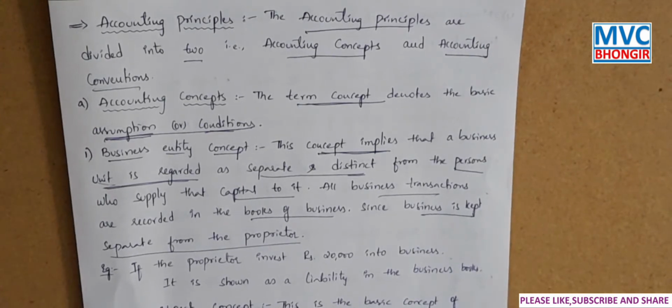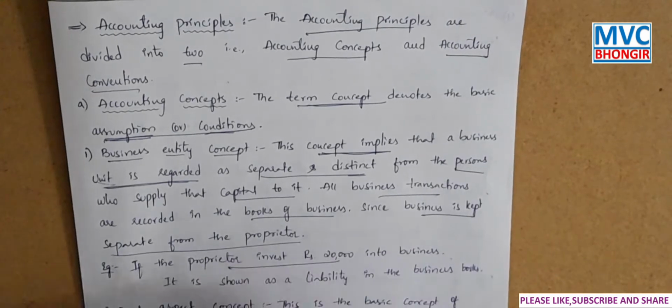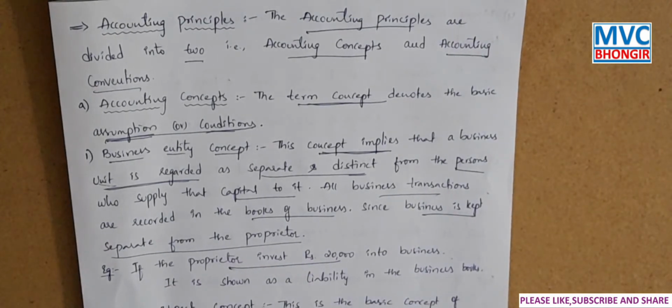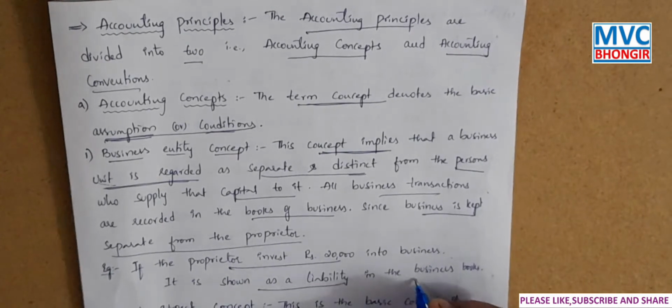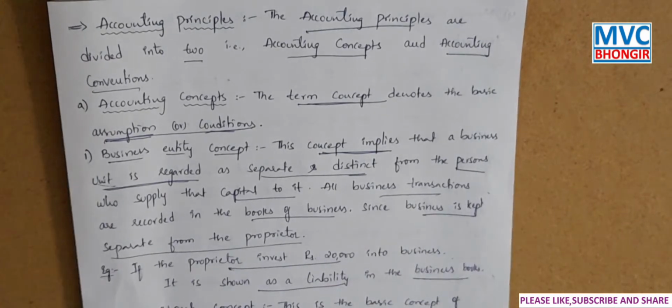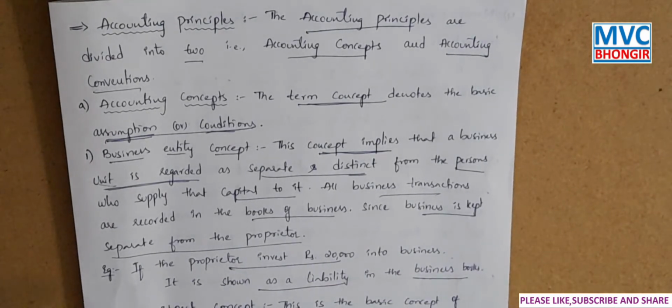Example, if the proprietor invests rupees 20,000 into the business, it is shown as a liability in the business books, because the person is different and the business is different. The person who is giving the amount is known as the proprietor, but we have to show that proprietor as a liability.